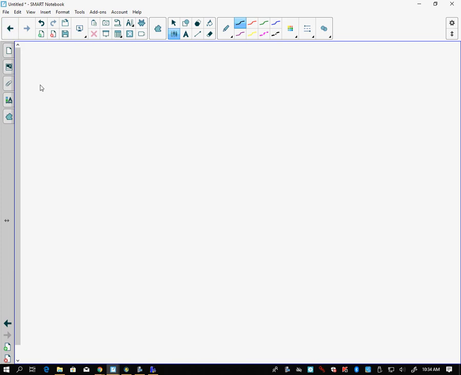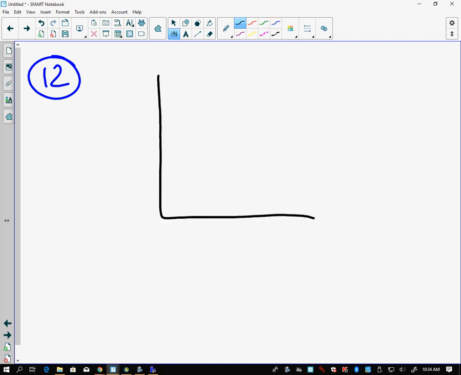All right. This next one, I'm not probably going to spend a lot of time drawing this up. It's going to give you something that looks like this. It's going to want to say, is this graph continuous or discontinuous?